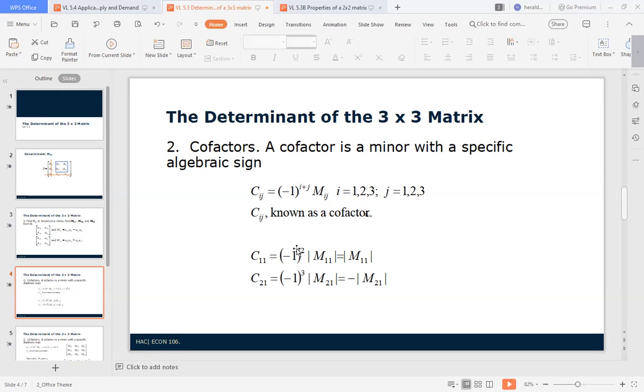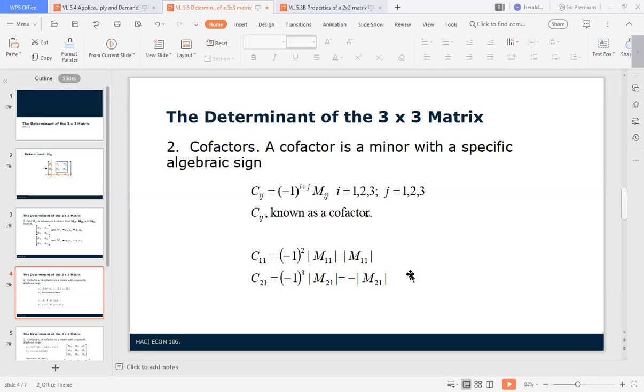Saan nanggaling yung 2, class? Pay attention to the subscript, that is 1 plus 1. 1 plus 1 is equal to 2, so raised to the power of 2. C21, that is 2 plus 1, so that would mean raised to the power of 3 multiplied to the minor. So this is the first way to look at a cofactor.